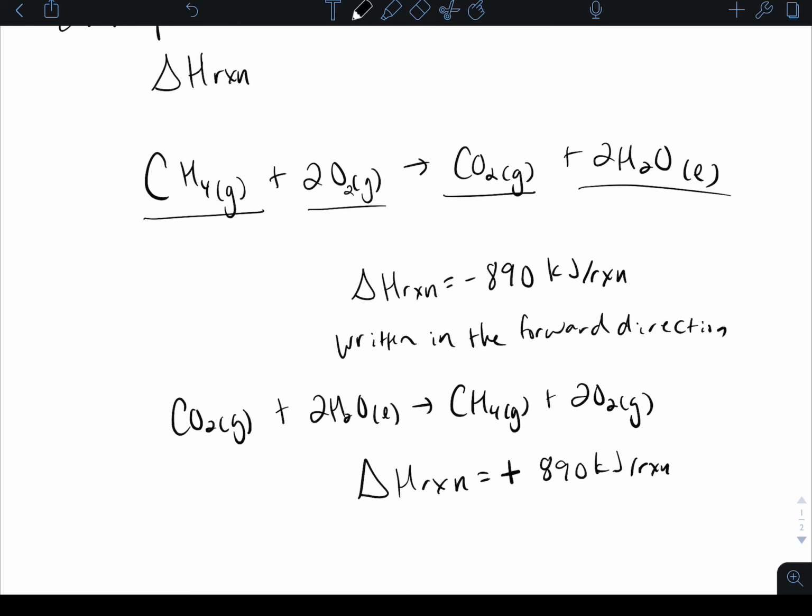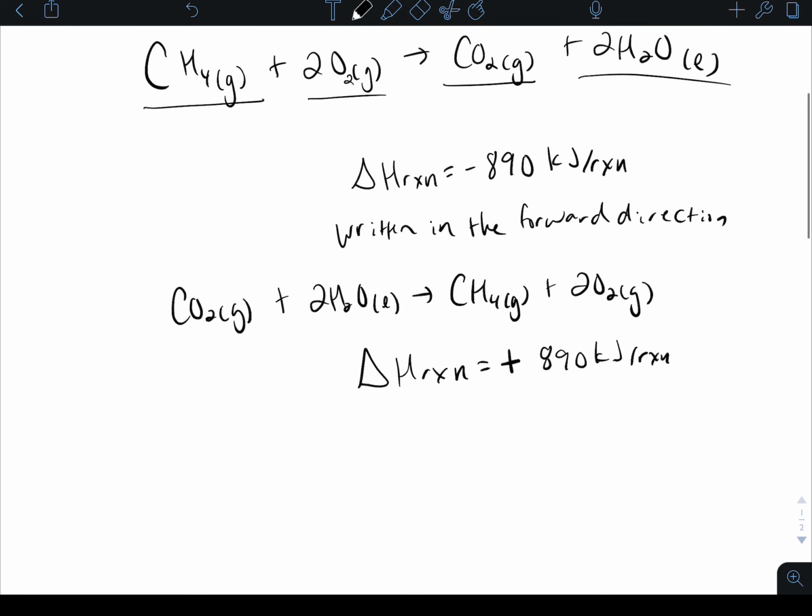Okay? So the forward and the reverse enthalpy of any reaction is just going to be the opposite sign of the other direction. And we'd also write our delta H of reaction is equal to the enthalpy of our products minus the enthalpy of our reactants.